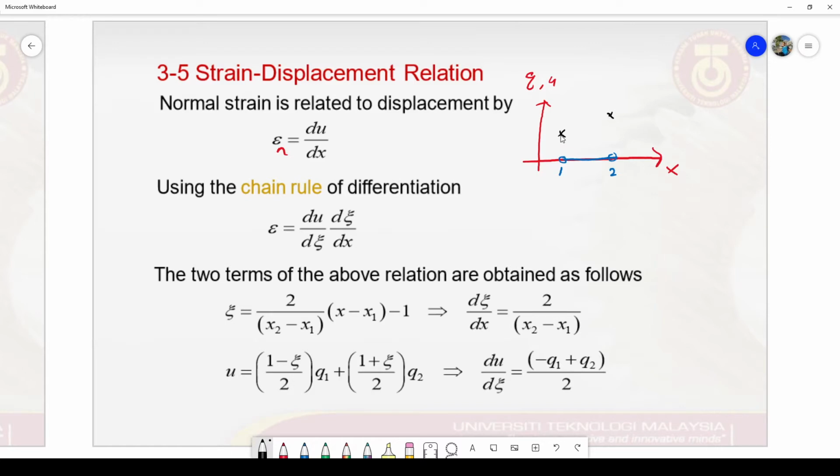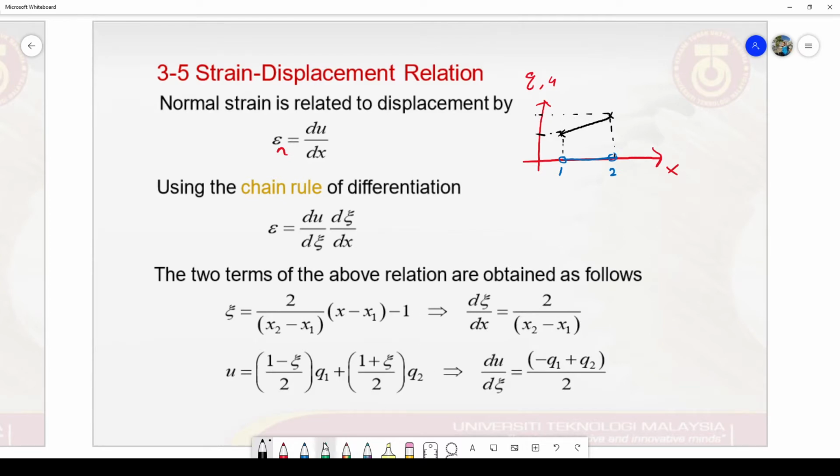So if we assume a linear distribution between the 2 points and we connect these 2 points, then we will have a straight line. So this is actually to show the displacement at each nodal point.